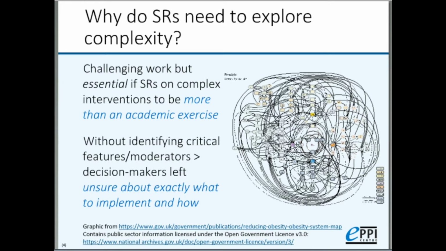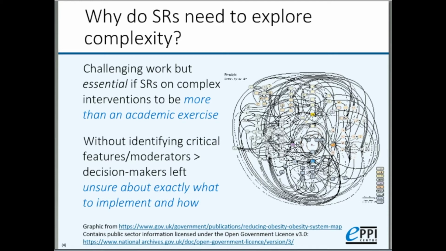This idea of getting towards complexity is one that we can't escape within systematic reviews, and addressing it also makes the findings of systematic reviews more useful for decision makers. Decision makers need assurance that an intervention is going to work, and we have many synthesis techniques that can assist with this, most notably meta-analysis.